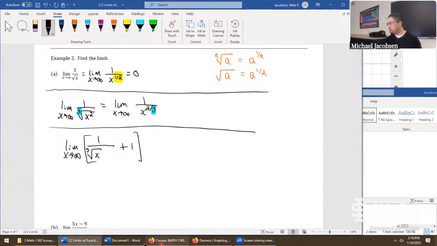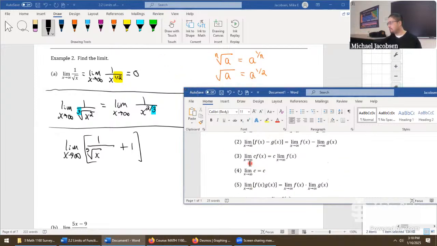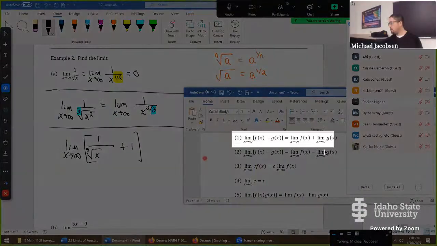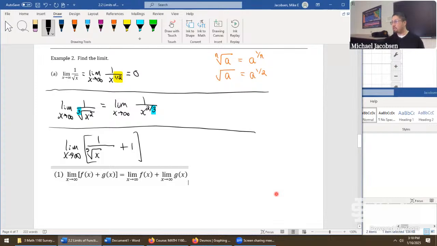For this one, the most relevant limit law is going to be limit law number 1, because we have two functions. This would be the f of x, and the plus 1 would be the g of x. It tells us we can break up the limits in this kind of way. Let's put it right under here just to convey we're about to use that limit law.